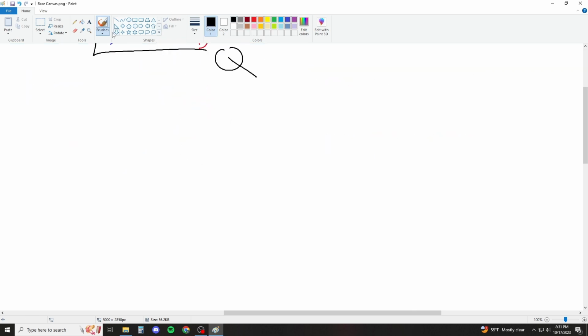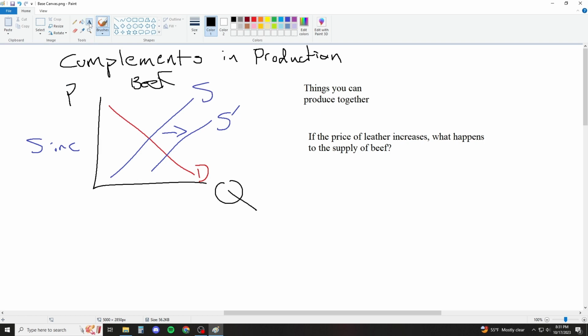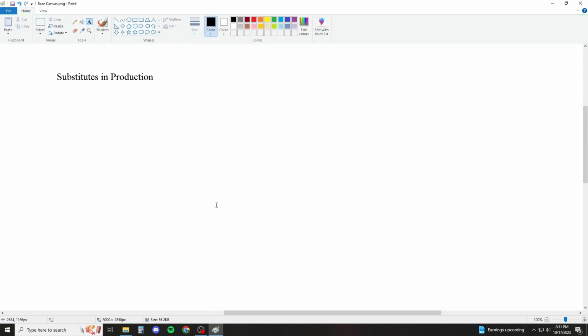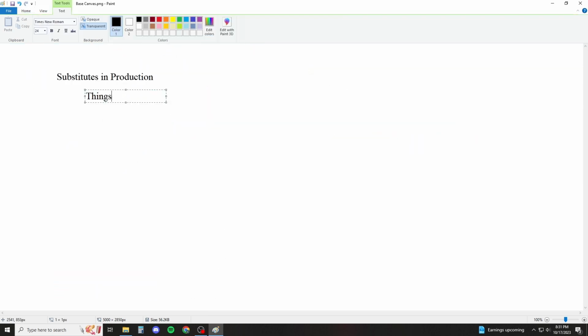The next one, and I'm not gonna handwrite this one because I'm over that, is substitutes in production. This is going to be things you have to make separately.